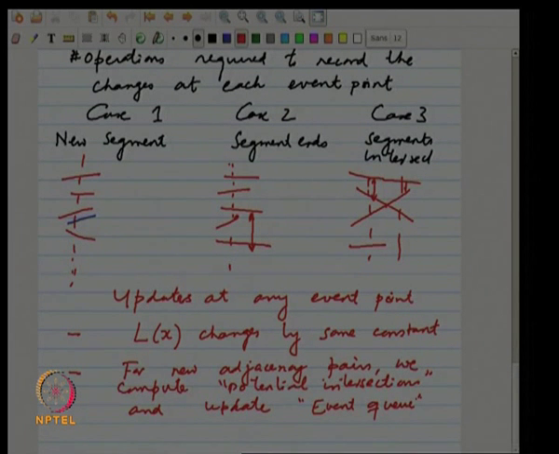So, L sub x and this event queue both are some sorted sets. L sub x is sorted in the y direction, and the event queue is sorted in the x direction, because the event queue is telling us which is the next event in increasing x, and L sub x is telling us the ordering of the segments when they intersect the vertical line.